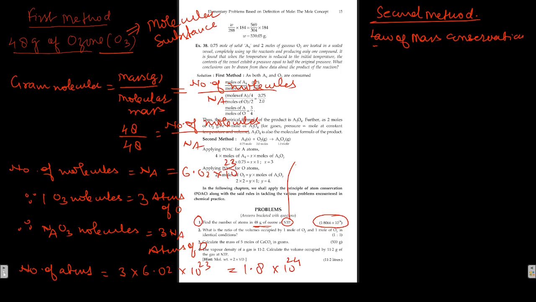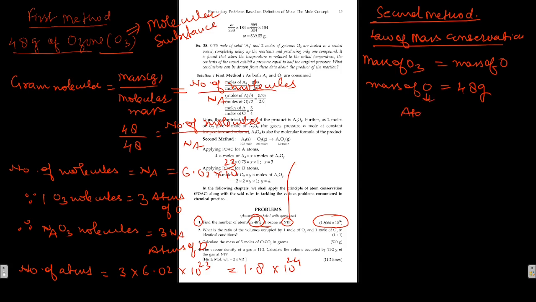We can say mass of O3 is equal to mass of O. So here mass of O, it is atoms, it is the same thing, 48 gram, which is given here. So mass of O atoms is 48 gram. So we can say gram atoms is equal to mass in gram upon atomic mass.